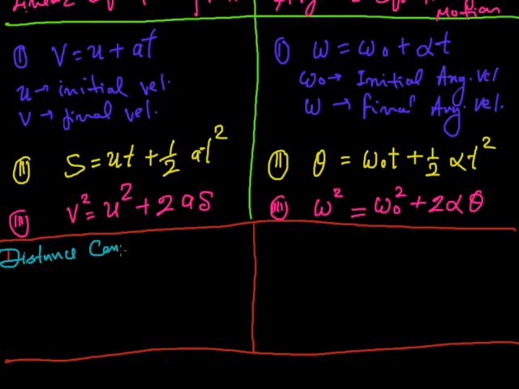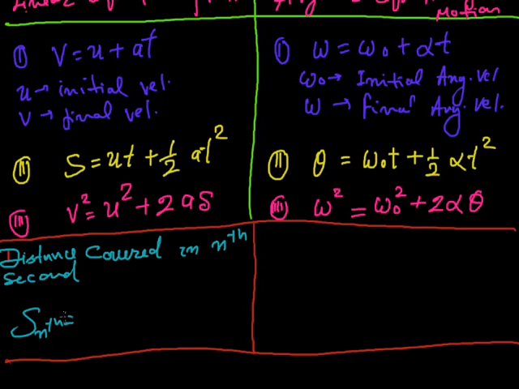Distance covered in nth second, s nth will be u plus a by 2 into 2n minus 1.